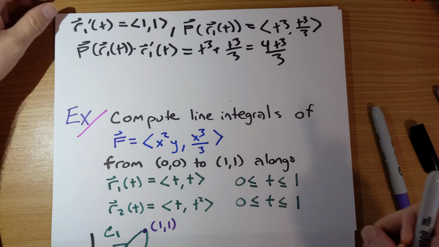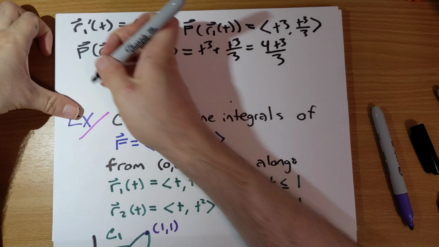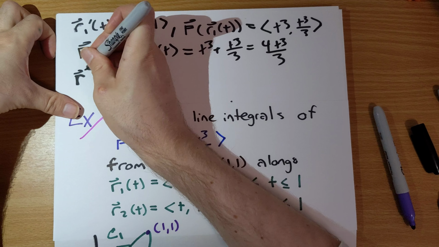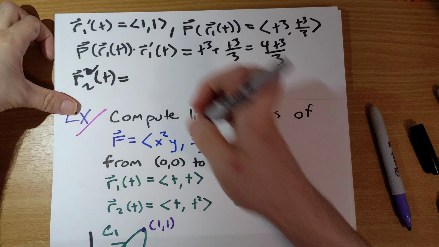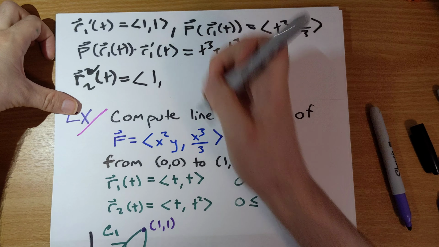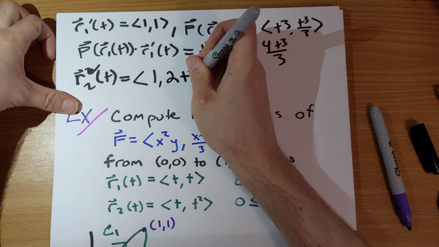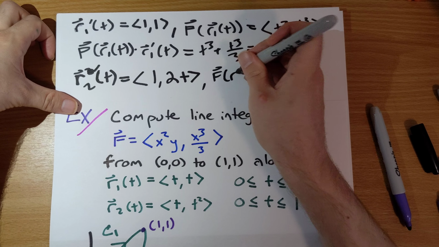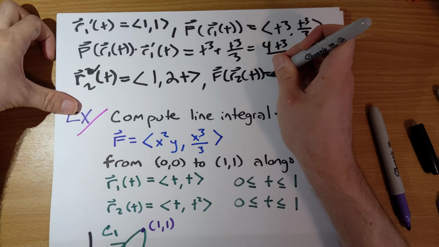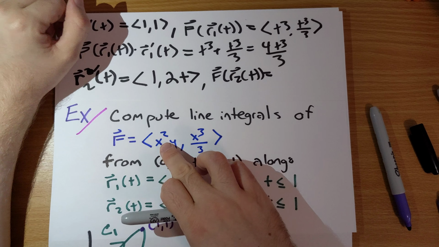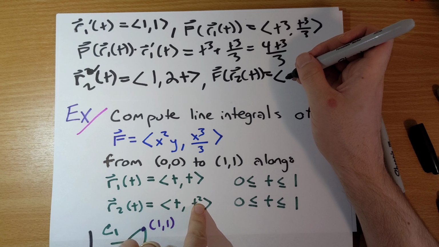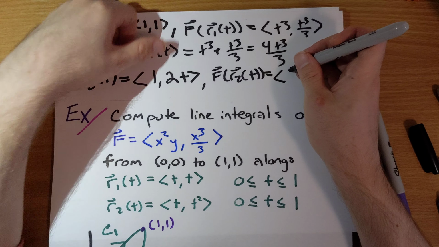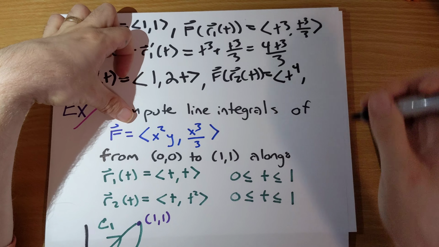We also need to do the same calculations for R2 of t. So let's go ahead and do that. R2 prime of t. R2 of t is t comma t squared, so the derivative of t is 1. Derivative of t squared is 2t. F of R2 of t. Okay, so x is t, so t squared times y, which is also t squared. So t squared times t squared is t to the 4th.